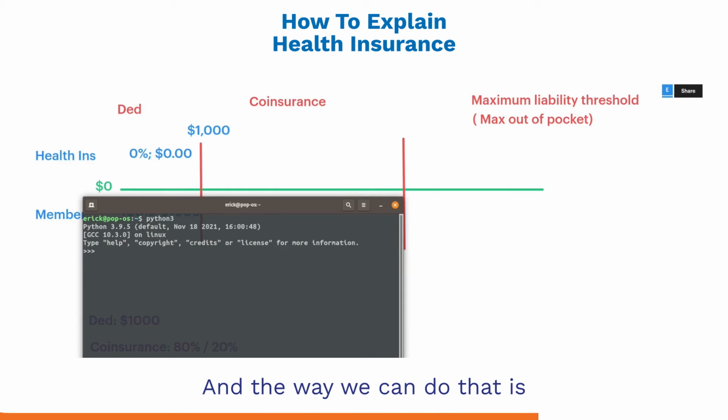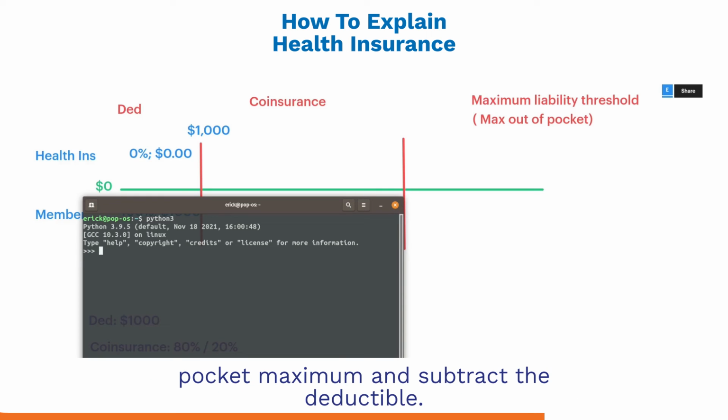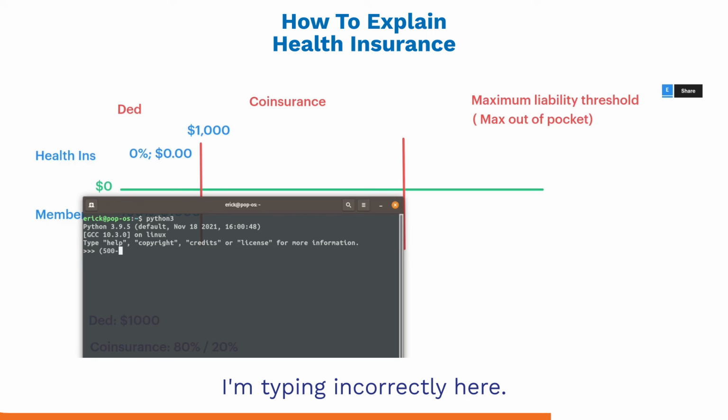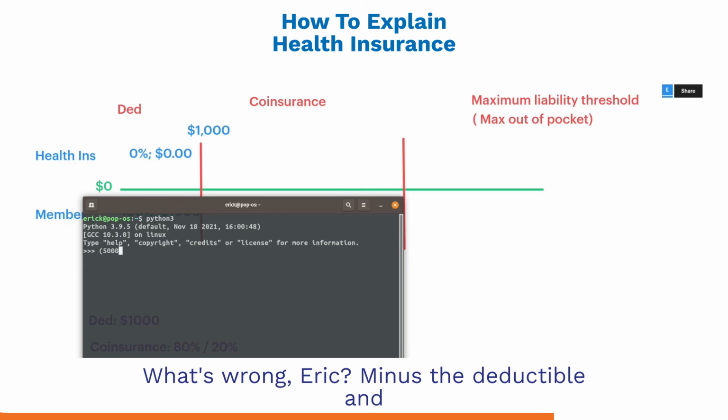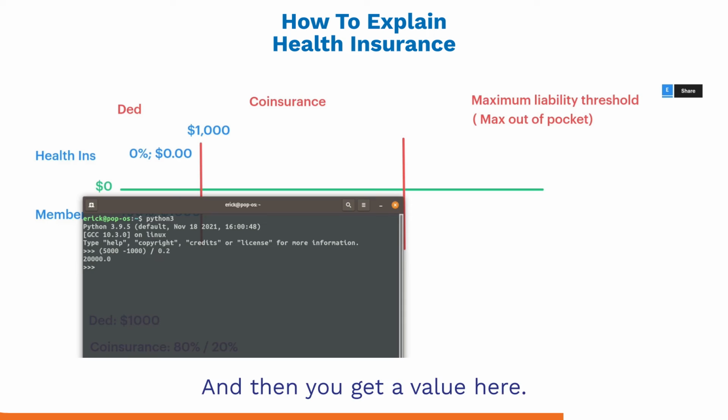And the way we can do that is there's a simple calculation you can run. You can take the out-of-pocket maximum, minus the deductible, and divide that by the coinsurance amount. And then you get a value here.